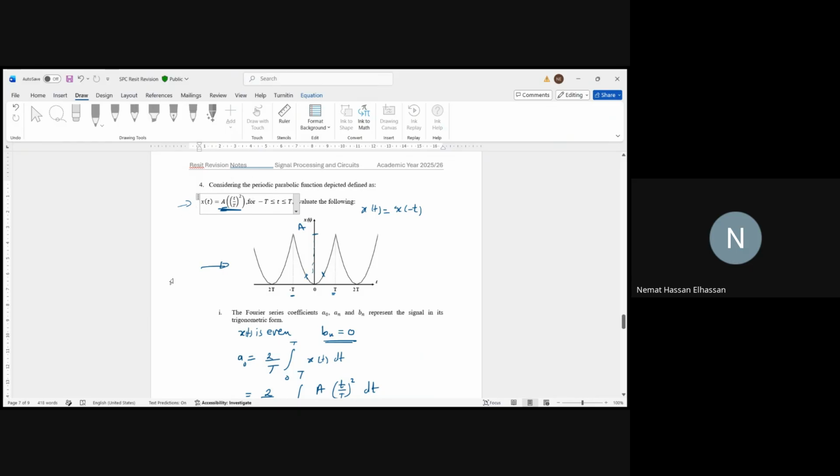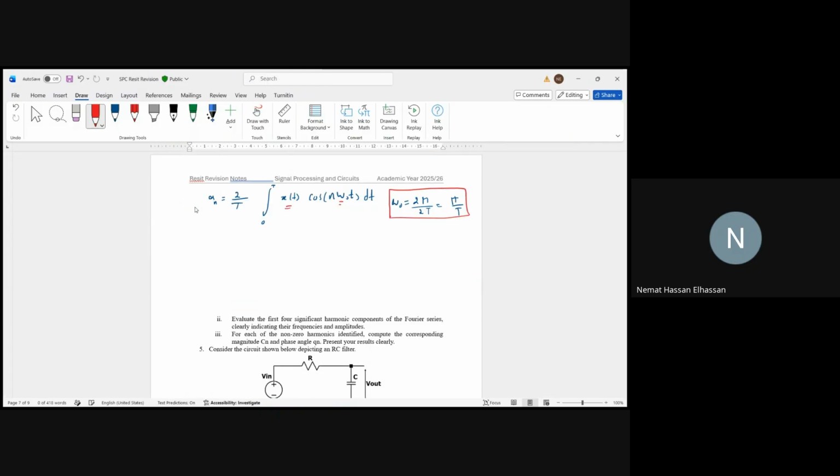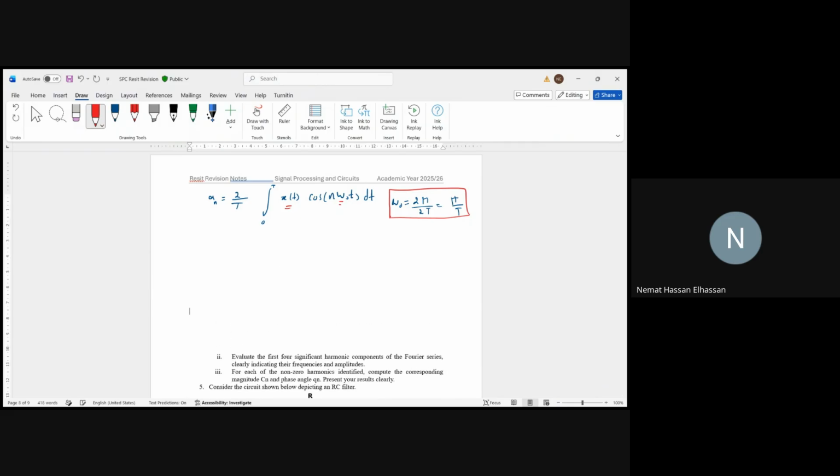So this integral then becomes a of n equal to 2 over T, the integral from 0 to T. Now in place of x of t, I'm going to put its value, which is a t over T squared.